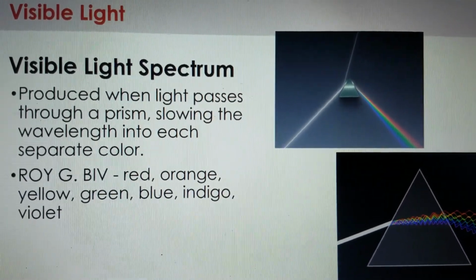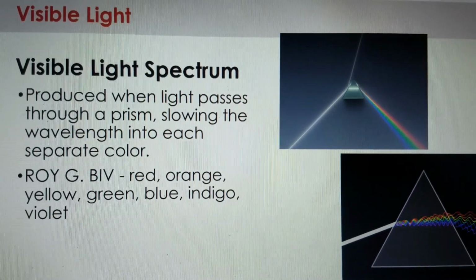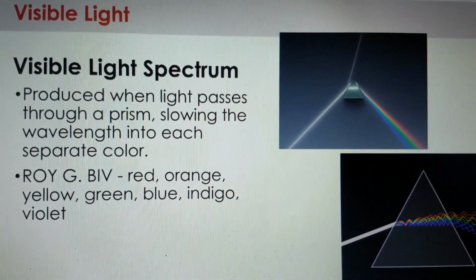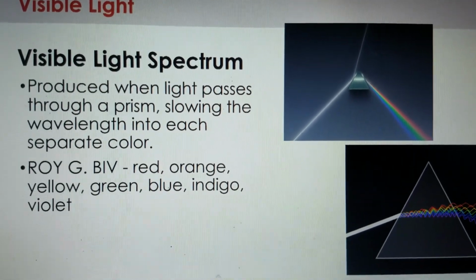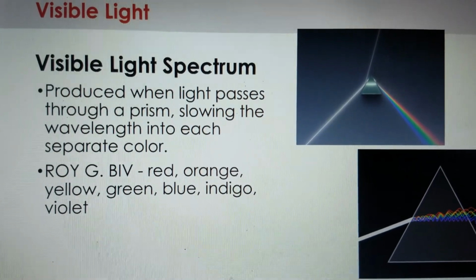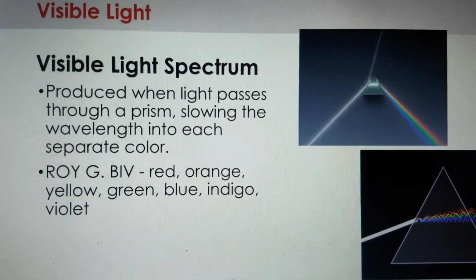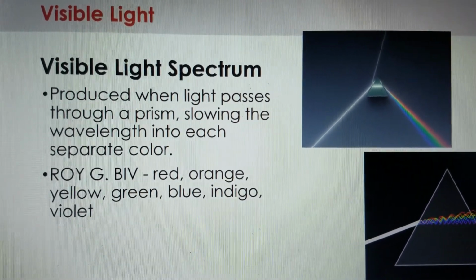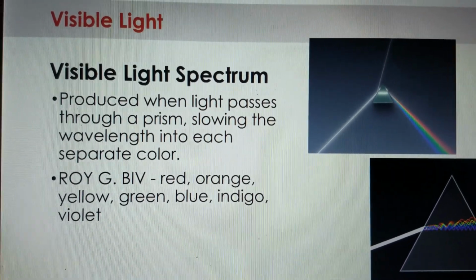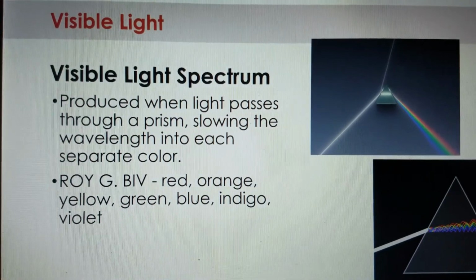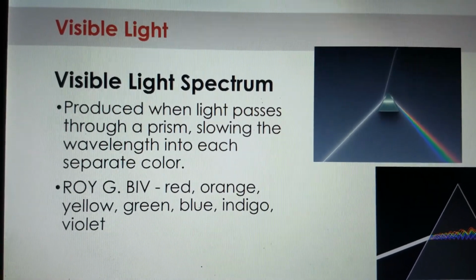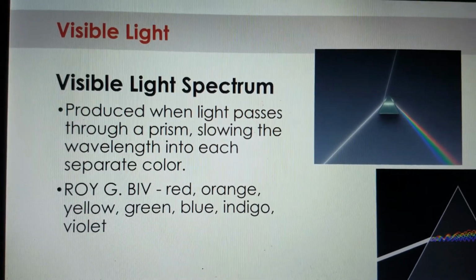So this visible light spectrum that we are talking about is produced when light passes through a prism. If you pass white light through a prism, the prism causes the white light to refract, or bend, and this slows each of the individual wavelengths down into their separate colors.